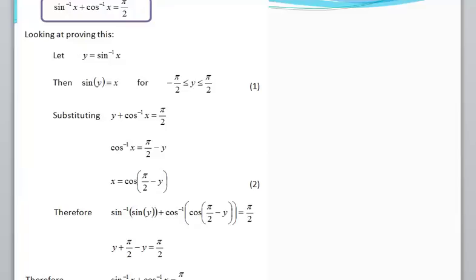If we substitute these in, y plus our inverse cosine of cosine of pi on 2 minus y is equal to pi on 2. So y plus pi on 2 minus y is equal to pi on 2. These will cancel out: pi on 2 is equal to pi on 2. Therefore, we have our inverse sine of x plus our inverse cosine of x is equal to pi on 2.